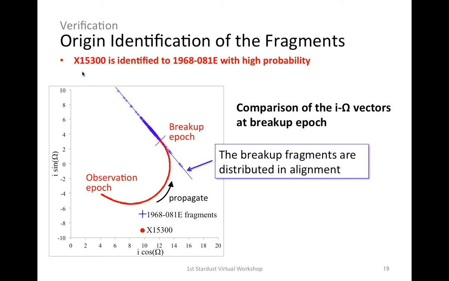We can identify the origin in 2 ways. This figure represents the comparison of the inclination and ascending node vector at the breakup epoch. The red disk is the object's vector at each epoch through the propagation.